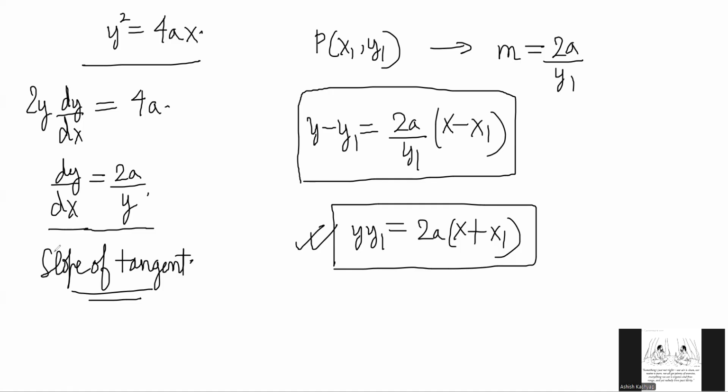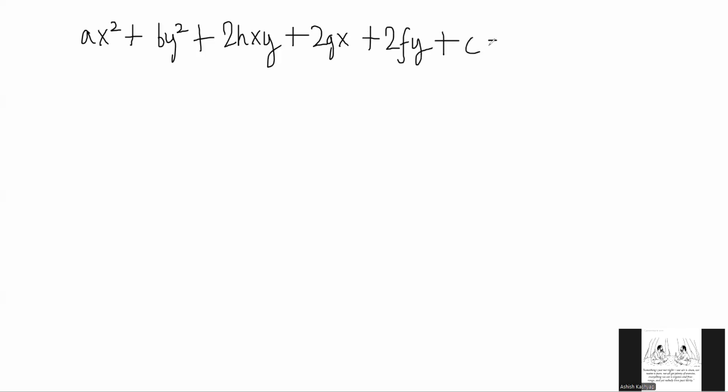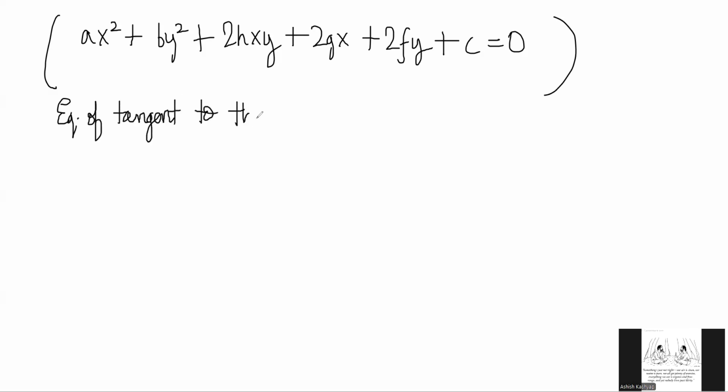Notice one thing here: for any general conic ax square plus by square plus 2hxy plus 2gx plus 2fy plus c equals 0, even if it is not a parabola, even if it's a circle or a hyperbola or an ellipse and so on, the equation of tangent to this curve at the point x1, y1 can be found by doing this process.